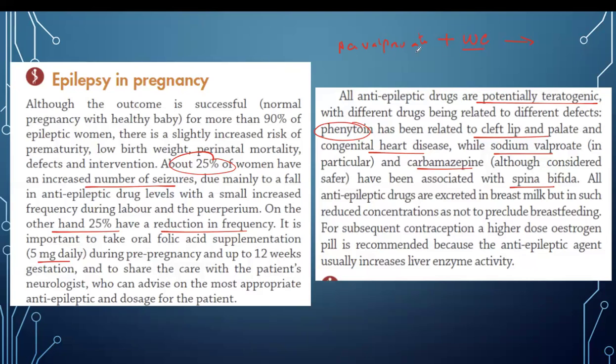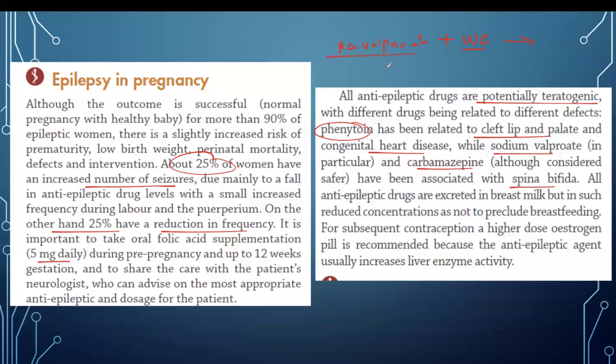Well controlled epilepsy, patient is on sodium valproate and they are just planning to become pregnant. They are not pregnant yet. The best option would be to gradually reduce the valproate and stop the valproate and then give a safer anti-epileptic during pregnancy. Okay, remember they are not pregnant yet.